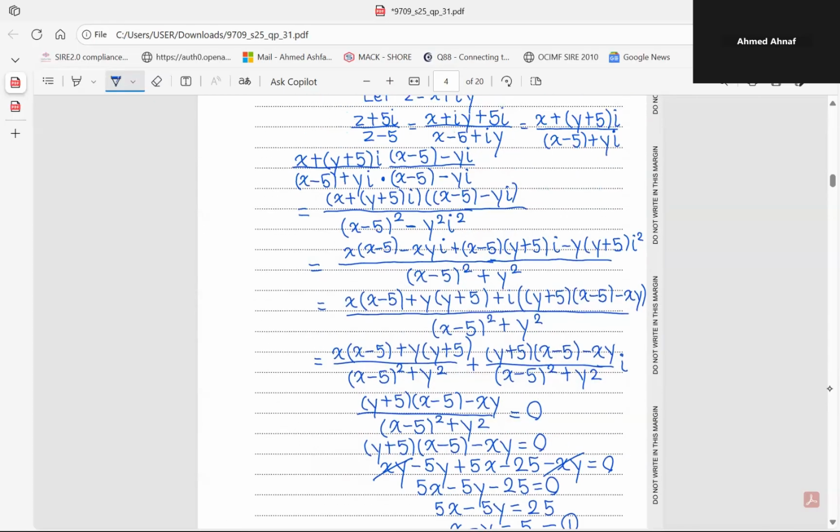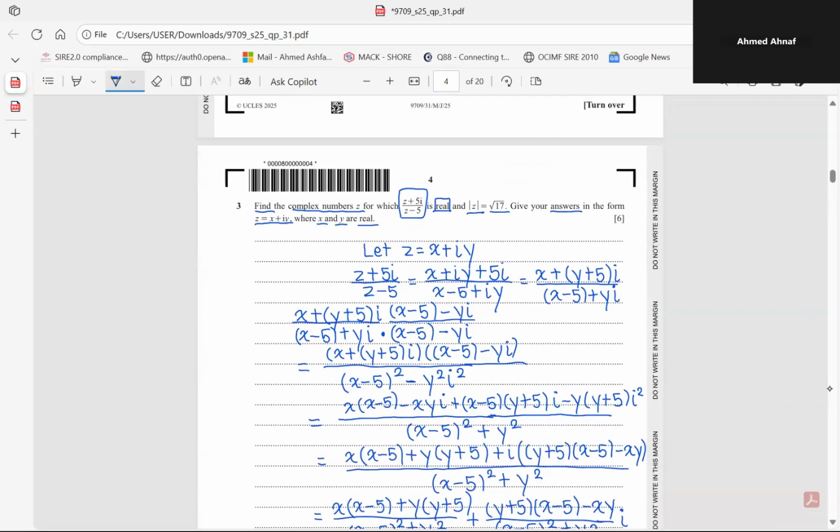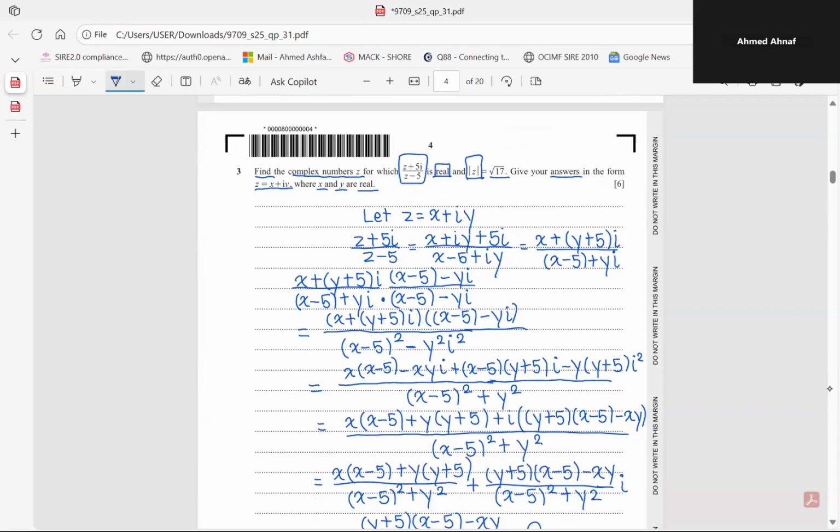Okay, so now let's form our second equation. For that, we have to use our second piece of information, which states that the modulus of z is square root 17.